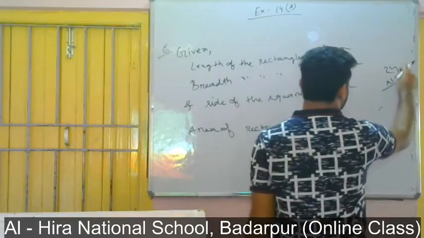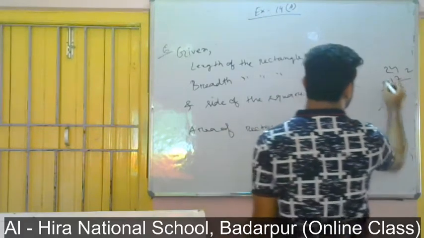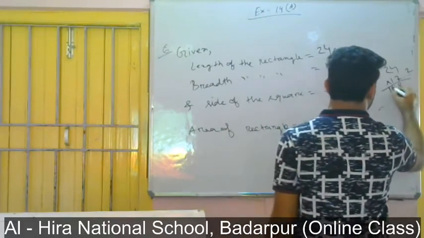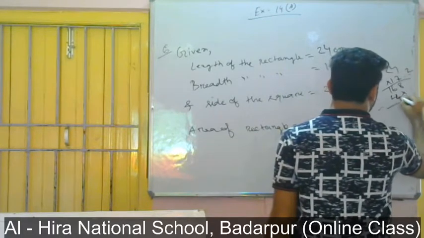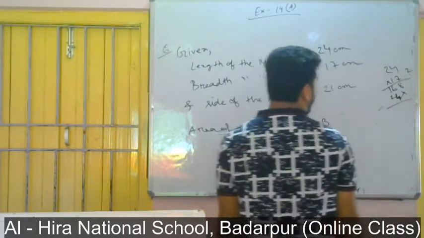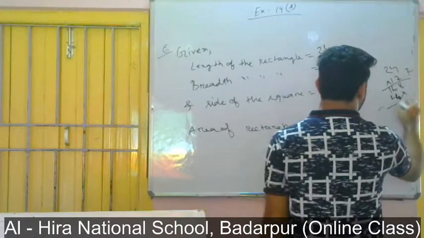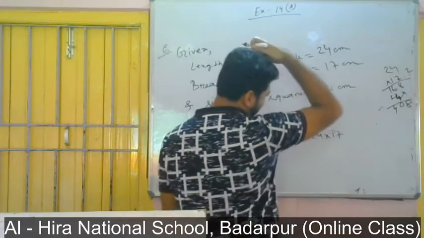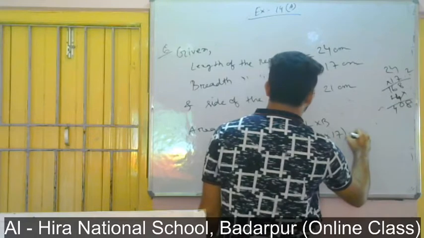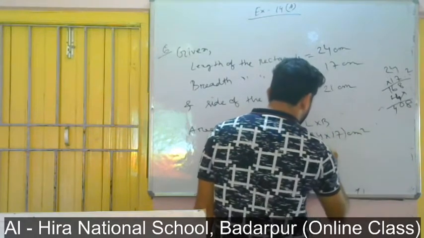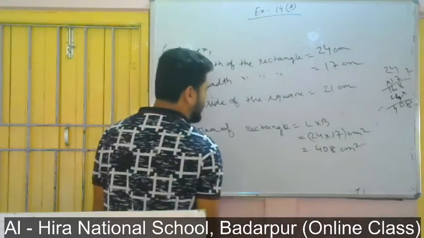Okay. 7 4s are 28 and even 2. 7 2s are 14, 15, 16. Then 24. 24 1s are 24. 4 1s are 4, 2 1s are 2. 8, 0, 2 plus 1, 3 and 1, 4. 4 0, 8. Okay. You can write 408 centimeter square. Okay.